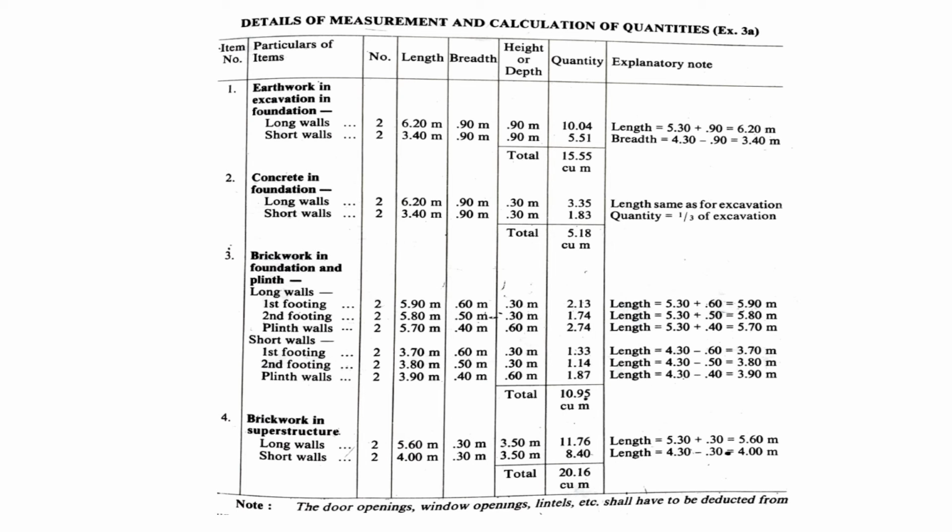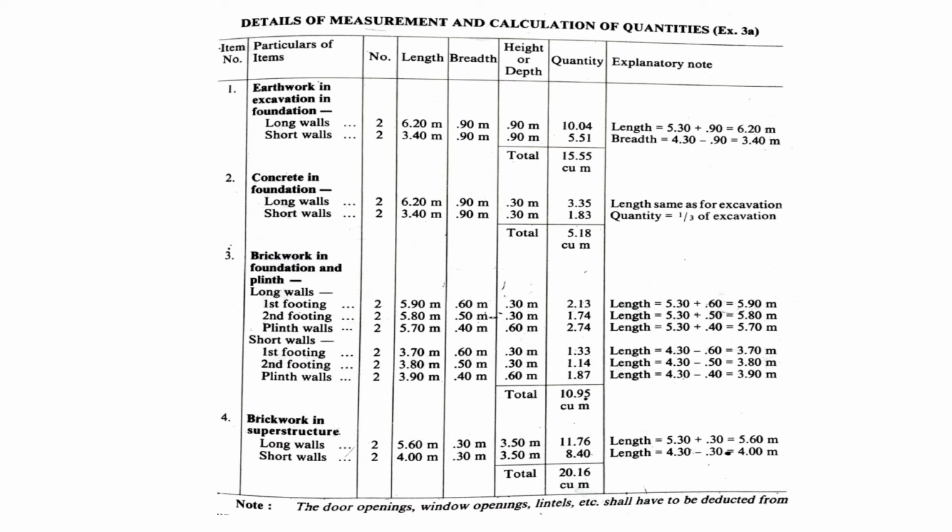From this 5.8 into 0.5 into thickness of the second footing 0.3, so that 1.78 m cubes. Next thing, plinth wall, two numbers, center to center distance plus the width of the plinth 0.4 is equal to 5.7 meters, so that 2 into 5.7 into width of the plinth wall 0.4 into height from the ground level to the plinth 0.6 meters, so that 2.74 m cube.